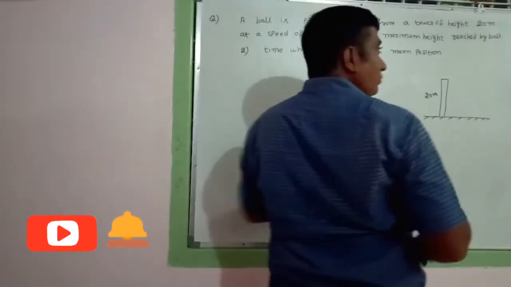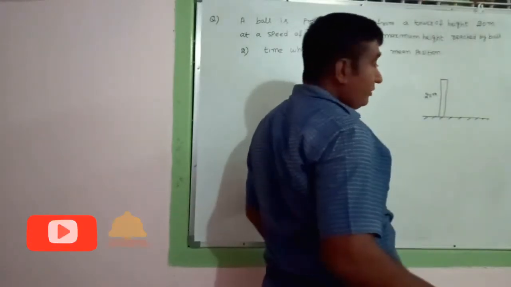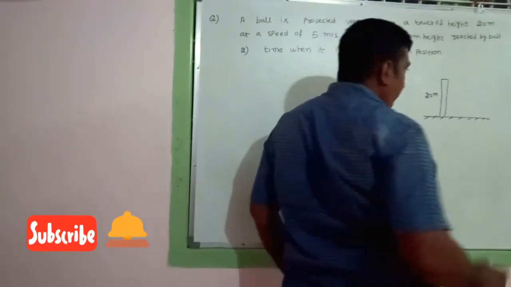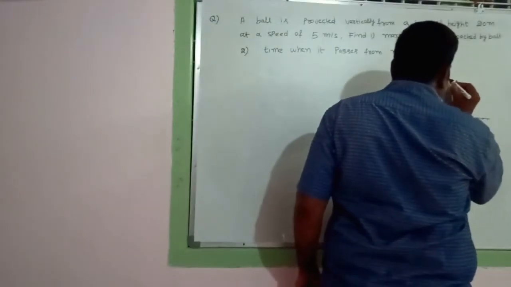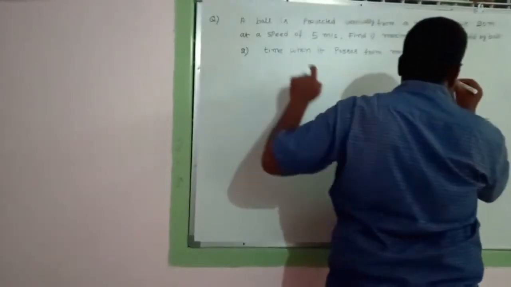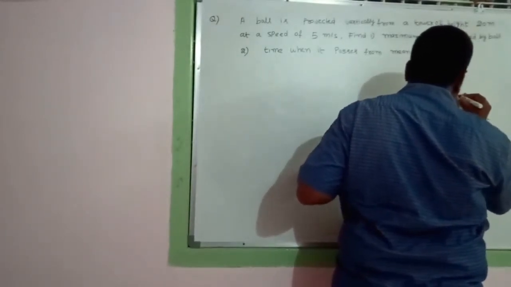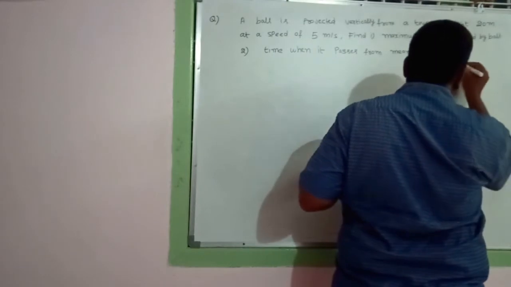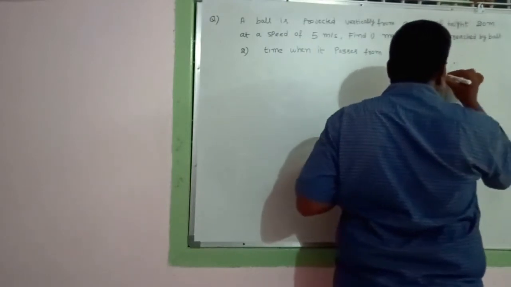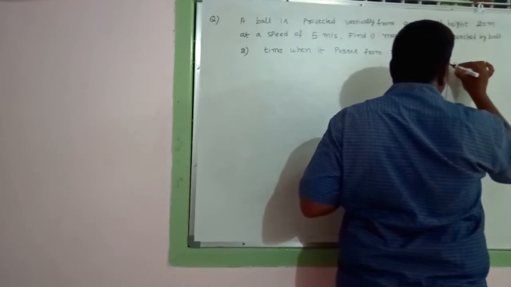The ball is vertically projected, not at a certain angle, because we are going to discuss only one dimension. It will move up and then come back down like this. Here the initial velocity given is u equals 5 meters per second.